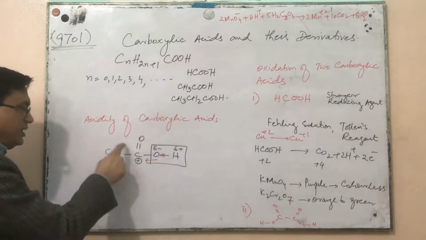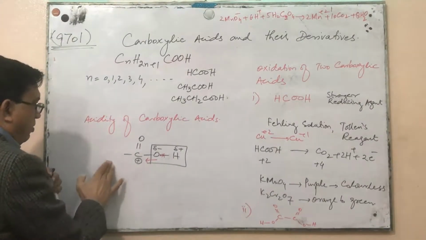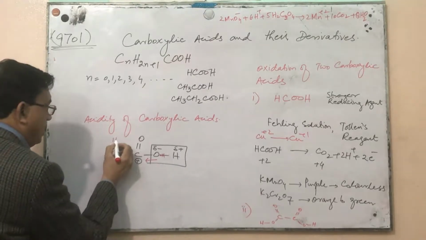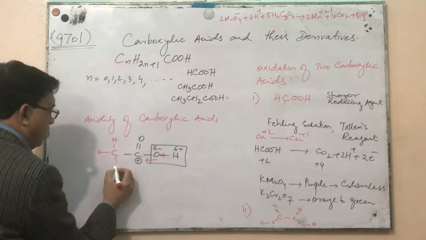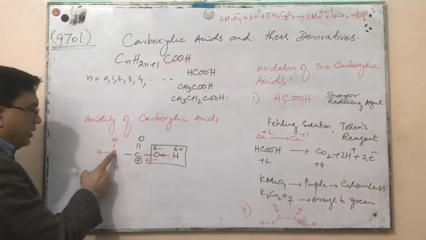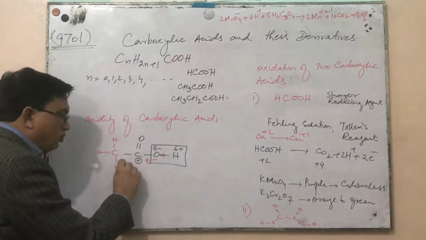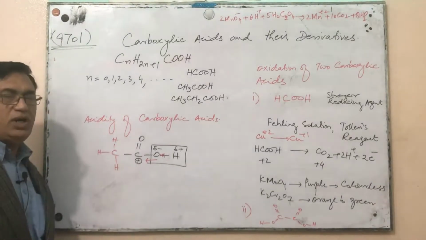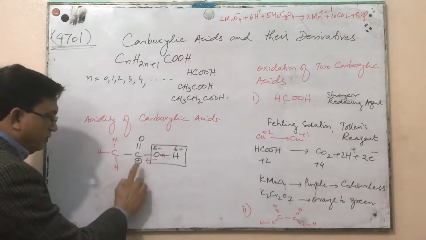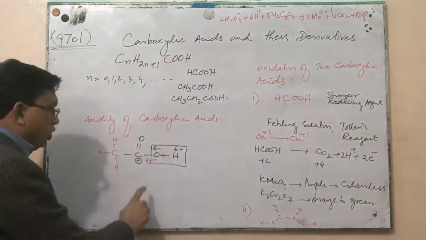Because in this case, when the carbon forms bonding with this carbon having hydrogen, it means that now there are a total of 10 electrons present with this carbon atom, and that can be shifted towards this carbon atom due to the positive charge of the carbonyl carbon. So the positive charge of carbon will become a little bit less.